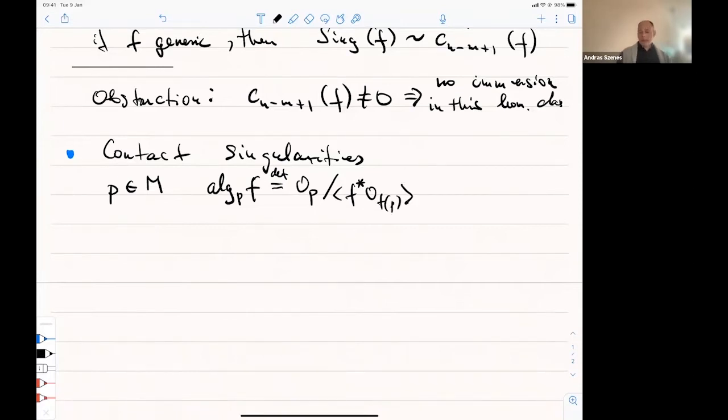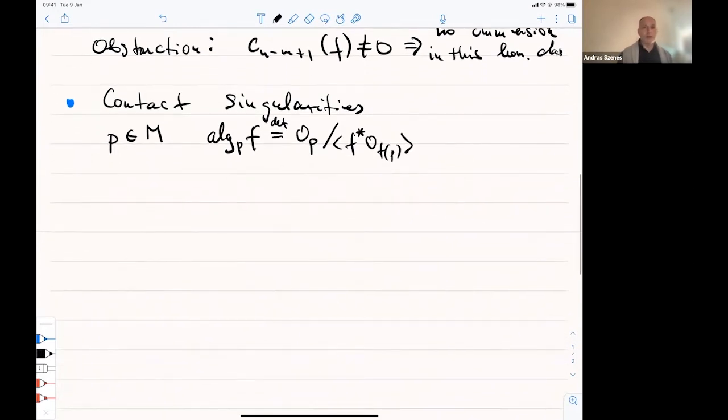But I'll make it more explicit in the following way. This is really just looking at power series in m variables, x1 to xm. Let me start by describing what I'm doing instead of giving the final definition first. The idea is that I take local coordinates and describe the map in some explicit way.